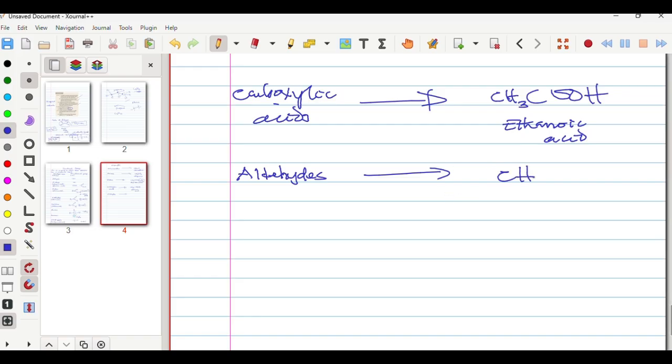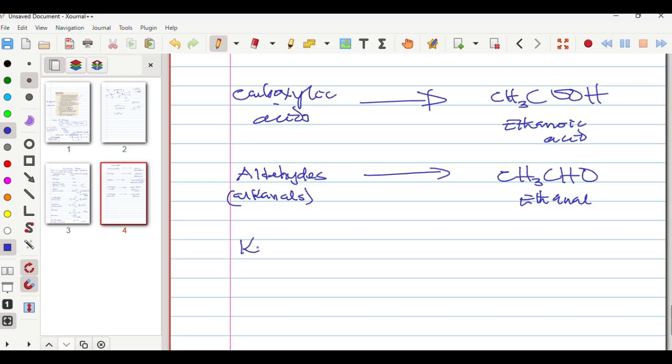So CH3CHO. We have two carbon atoms here, so it's going to be ethanal, not meth, because it's two carbon atoms. I will write this one as alkanals. So that is ethanal.